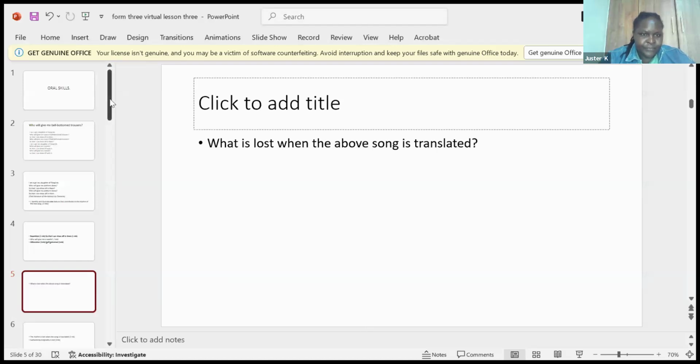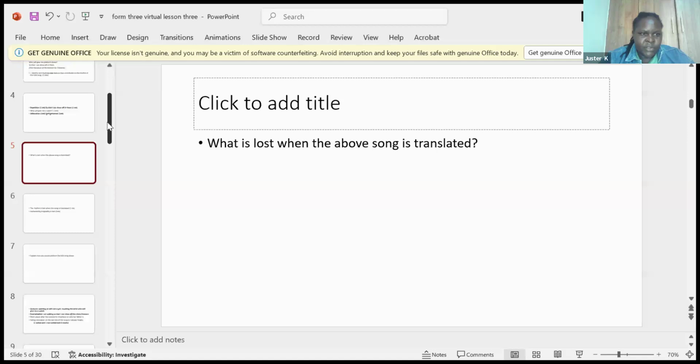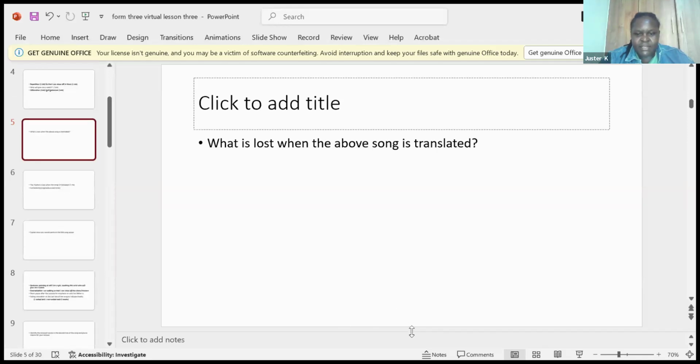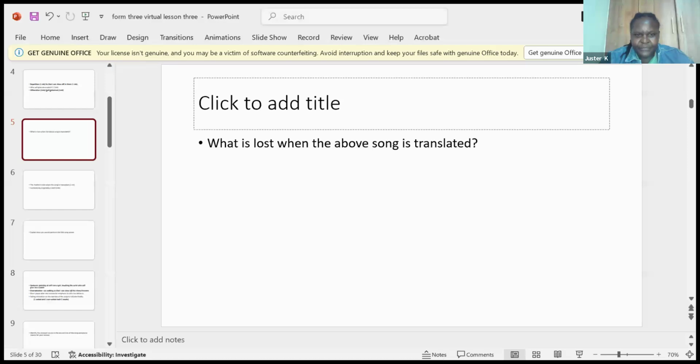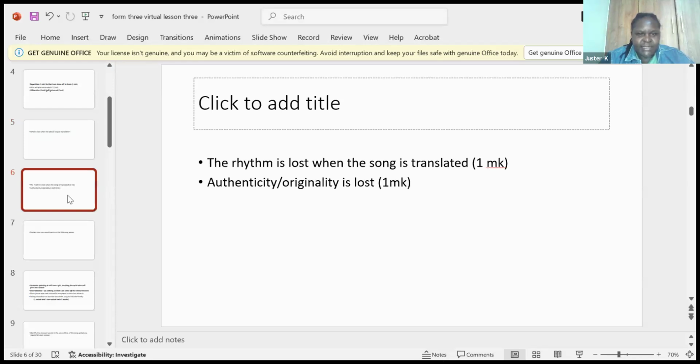Emmanuel, would you like to try what is lost when the song is translated? Authenticity. That's correct. Any other? Thank you for trying. Take us through those answers. Emmanuel?